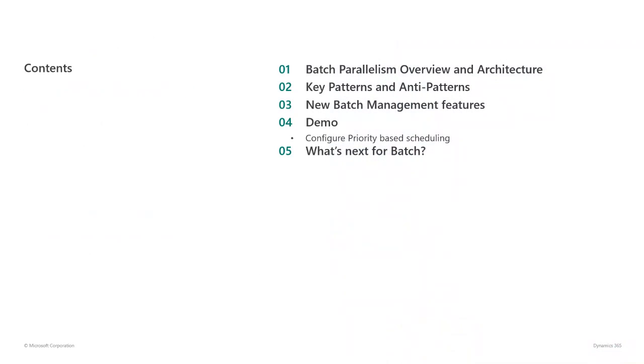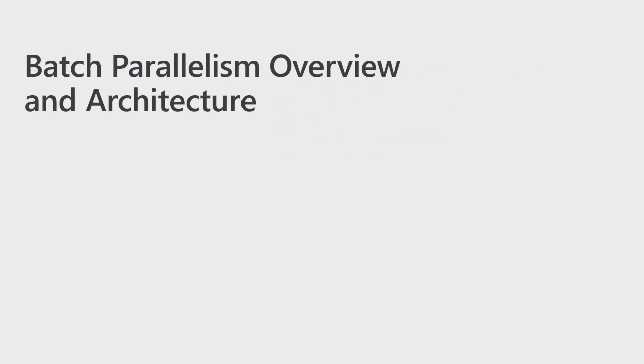So let's get started. In a nutshell, batch processing is a mechanism to run automated processing of tasks in the background. It provides the ability to create recurring schedules, execute tasks in parallel or sequentially, and you can, of course, create dependencies between tasks and a job and execute based on conditions.